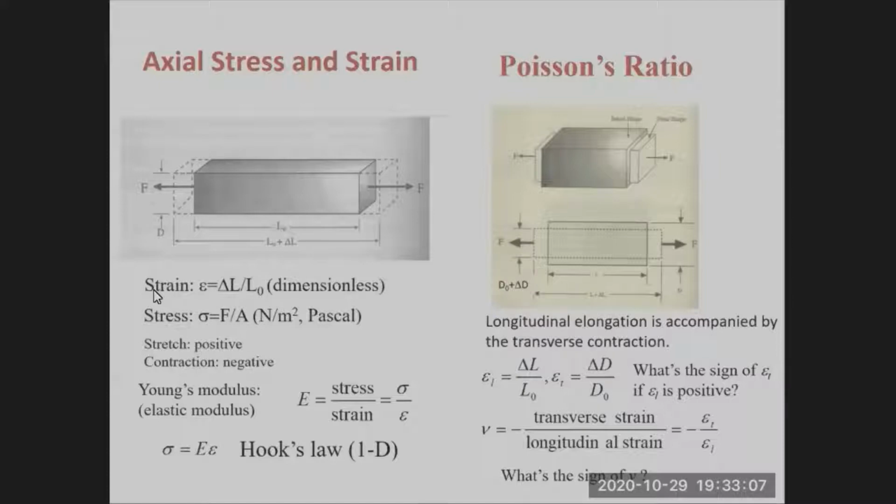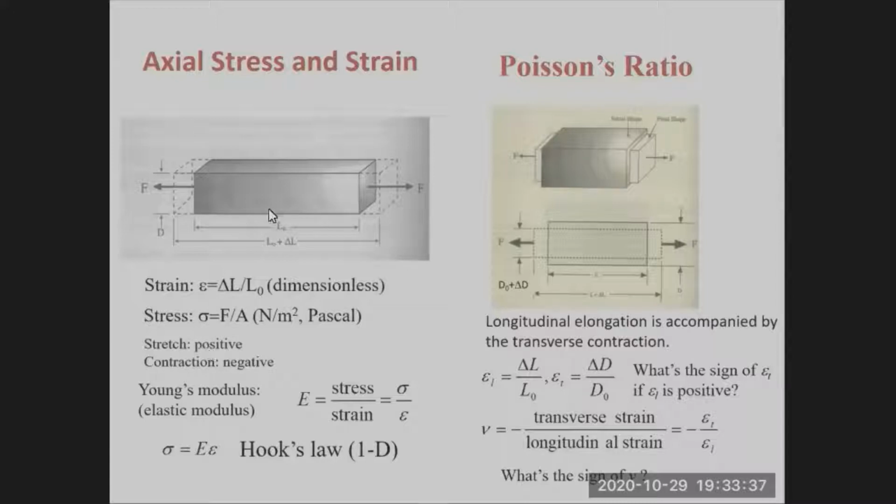Then the mechanical strain epsilon is defined as delta L over L naught. And the stress sigma is defined as F over A, where F is the force, A is a cross-sectional area. So stress is a force per unit area, a Newton per meter square, Pascal. That's the unit for mechanical stress.